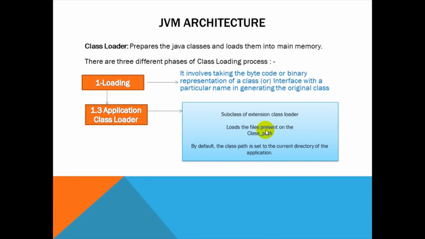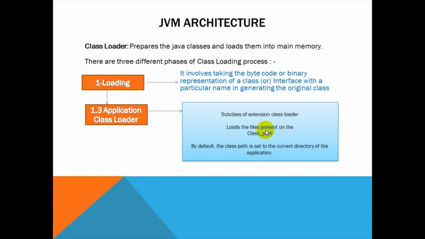The JVM uses the ClassLoader.loadClass method for loading a class into memory. It tries to load the class based on its fully qualified name. If a parent class loader is unable to find a class, it delegates the work to the child class loader. So the Bootstrap class loader tries to load a class first.